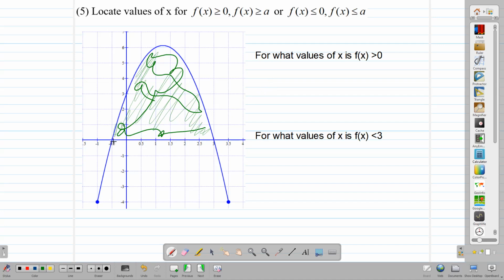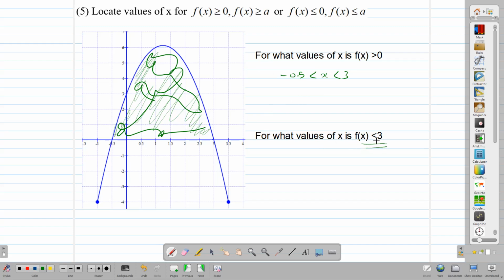The x numbers that give us that start here and stop here. So they start at negative 0.5 and they go all the way up to 3. So those x numbers, if you plug them into the function, you're going to get a positive number here on the graph. Now let's ask another question.